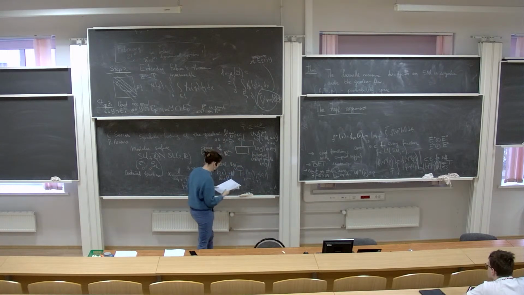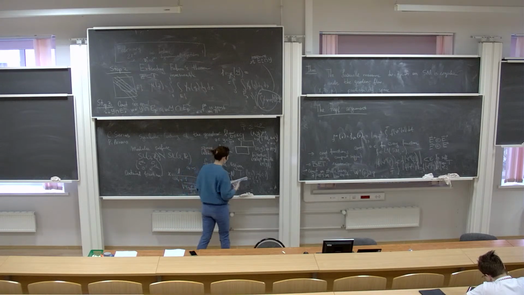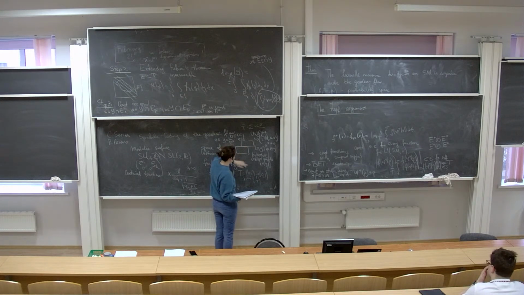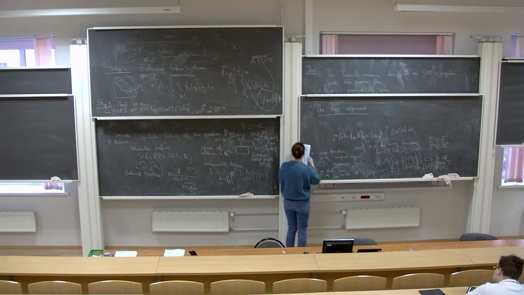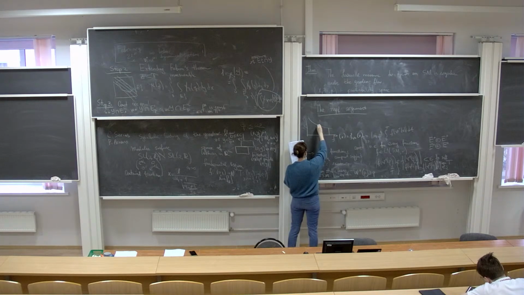If I consider the vertical segments, those for which x is constant, then necessarily I will go to a vertical segment as well. Maybe I make a picture, it will be easier to follow me. I have stripes.